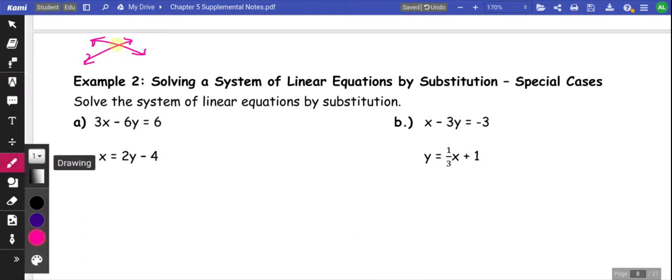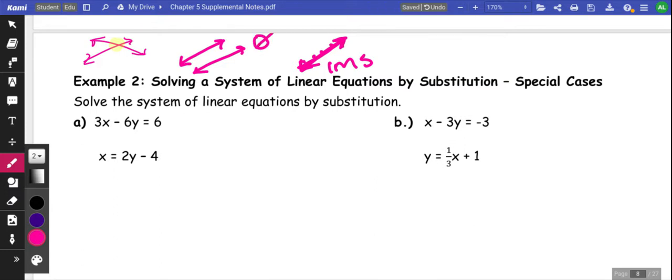We could have 2 parallel lines that never intersect, or we could draw one line and then draw the next line, and then we realize, oh, this is the same line. And so every single point on that line is a solution. So remember, that's infinitely many solutions, and when you have no intersection, that's no solution.